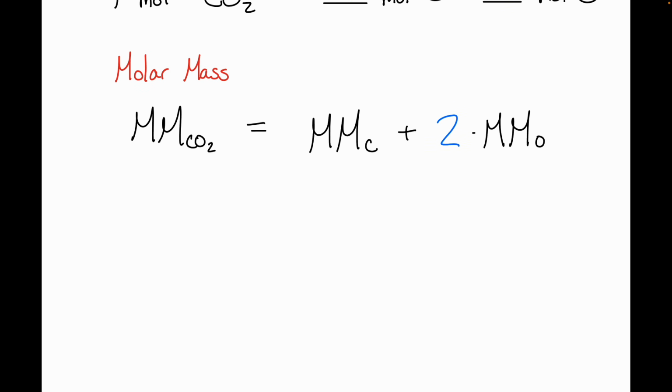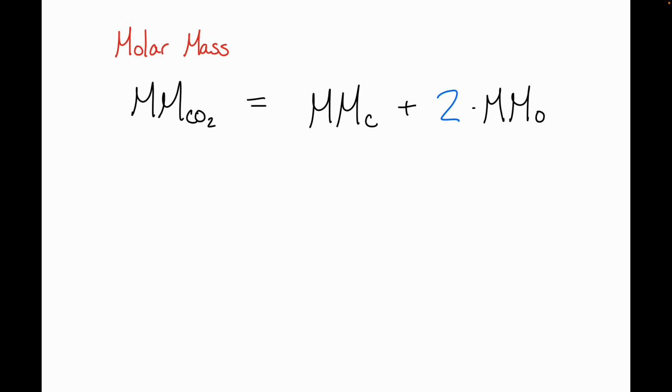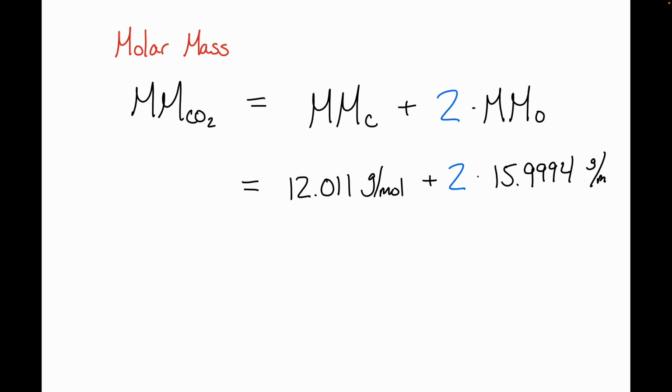And this is where you can see, if I was going to make you keep track of sig figs, it would be such a pain in the butt, because now we've got a mixture of multiplication and addition going on in there, and that's why we're going to just pretend like they're exact here. I'm going to just take my 12.011 grams per mole, and I'm going to add 2 times oxygen's 15.9994 grams per mole.